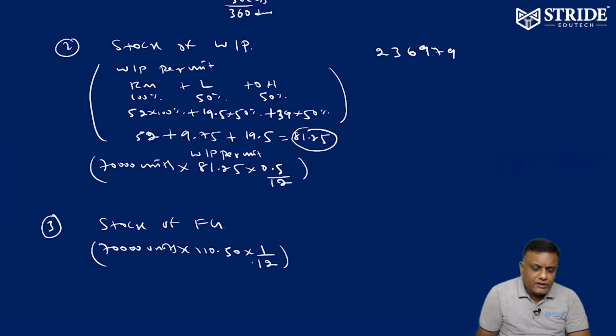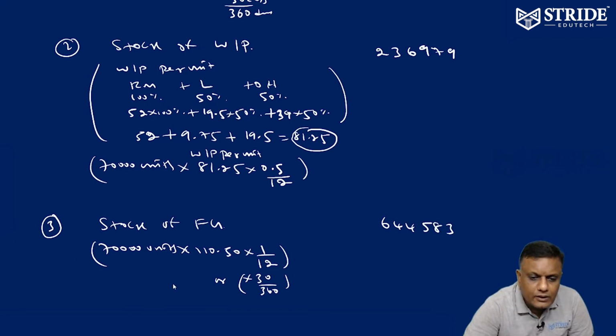So 70,000 units into 110.5 into 1 by 12, or 30 by 360, you can do either. So the answer is 644,583.